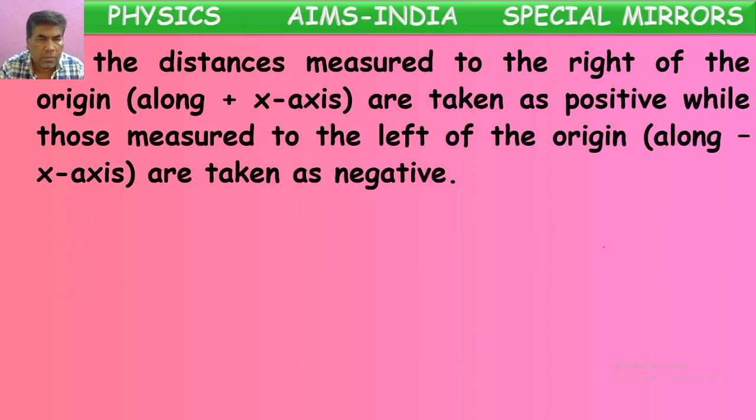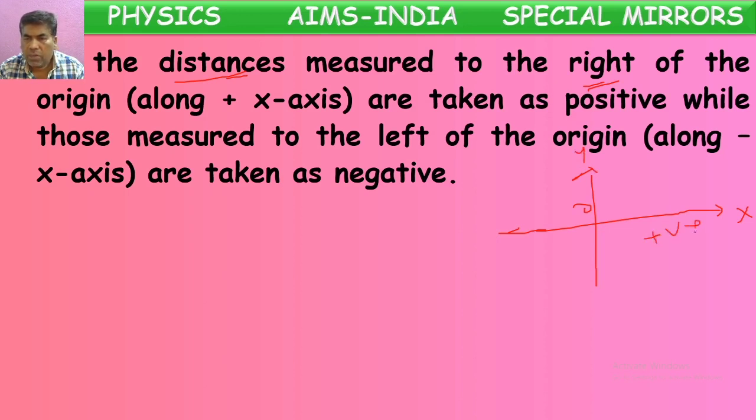Next, all distances measured to the right of the origin are positive. If this is the x-axis and this is the origin, and this is the y-axis, right of the origin is positive, like the coordinate axes.